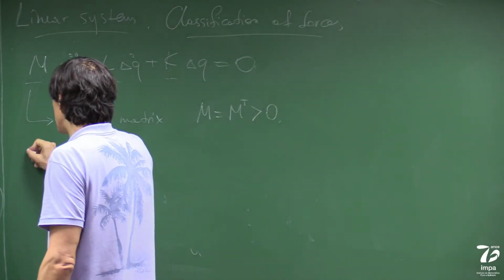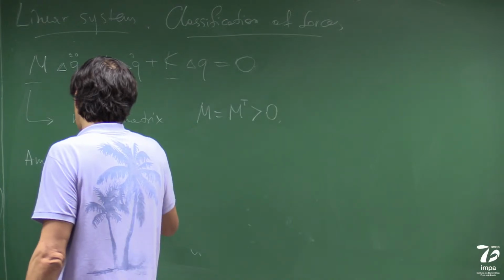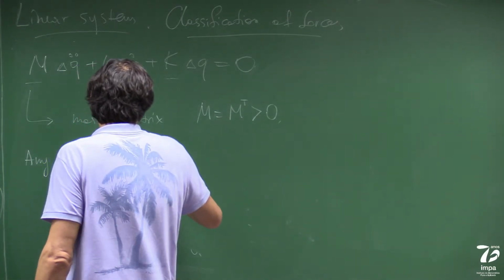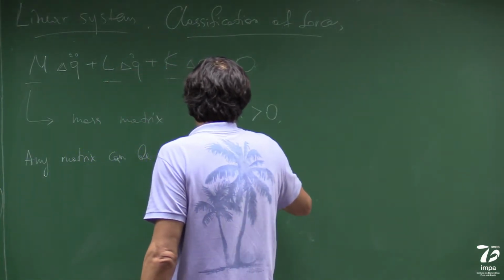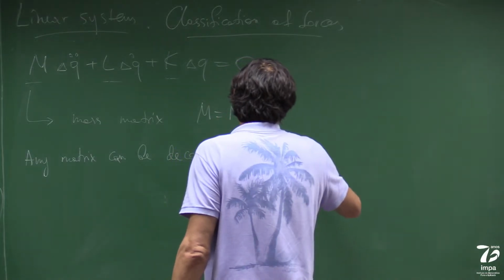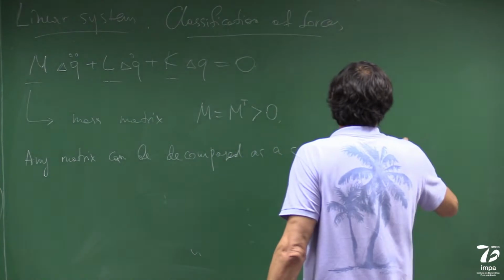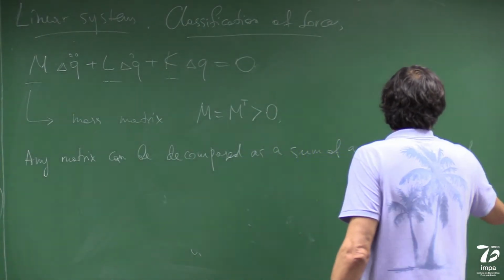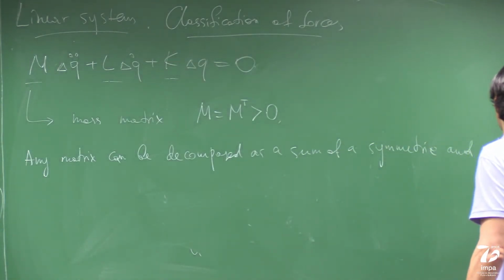What you can always do is decompose any matrix as a sum of a symmetric and an antisymmetric matrix.